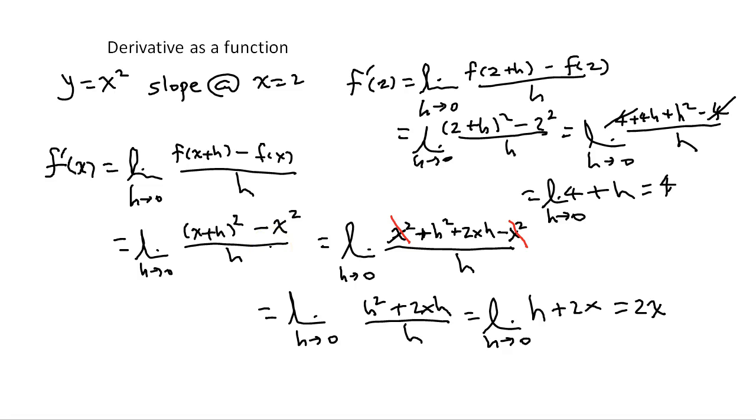Now there are more reasons than what I'm just explaining for wanting to have the derivative as a function. When a function is given, the process of finding the derivative is called differentiation. So differentiation means find the derivative as a function.